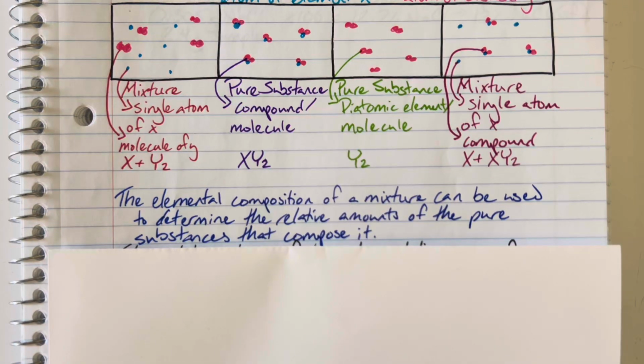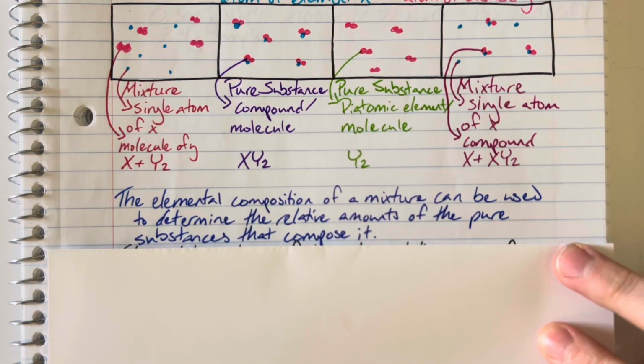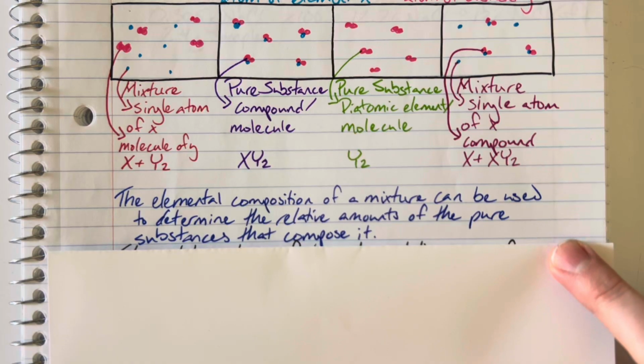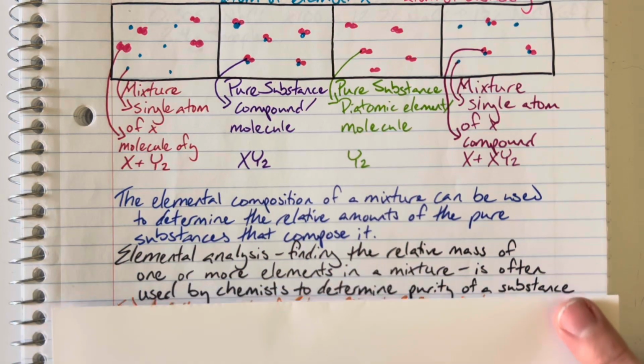The elemental composition of a mixture can be used to determine the relative amount of a pure substance that composes that mixture. Even though they are not set compositions, we can still use the relative abundances of each part of the mixture to determine like what percentages we have.